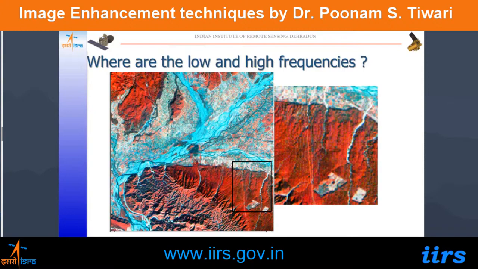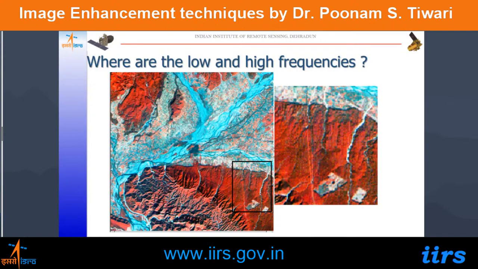Such homogeneous areas have low spatial frequency, whereas the heterogeneous areas, or the areas in which the boundary of features is appearing, have high spatial frequency. So all the edges have high spatial frequency, and the area at the center of the feature has low spatial frequency.